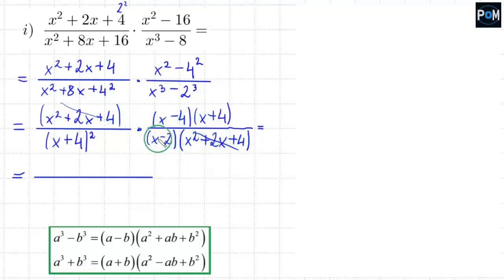X minus 2 doesn't cancel with anything, and these x plus 4 are 2 such terms, but at the top I have 1 such term, so I cancel the one from the top and one from the bottom, leaving me with just x plus 4, 1 such term. So at the bottom, x plus 4, 1 such term, then I still have x minus 2. And on the top, I only have the expression x minus 4, but here I don't need to write the bracket because there is only this one expression.